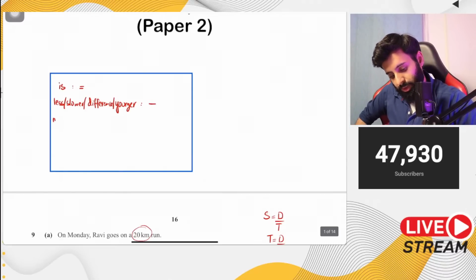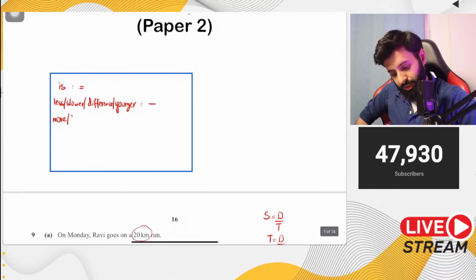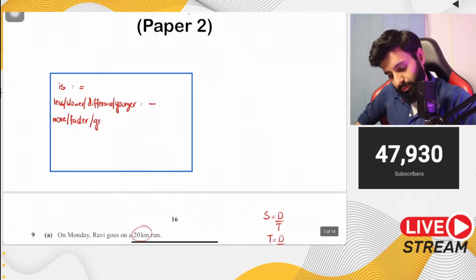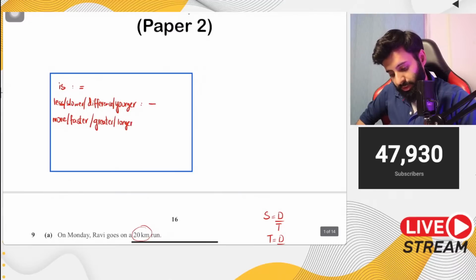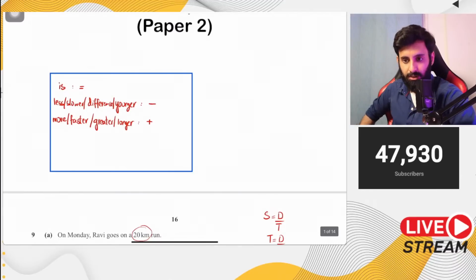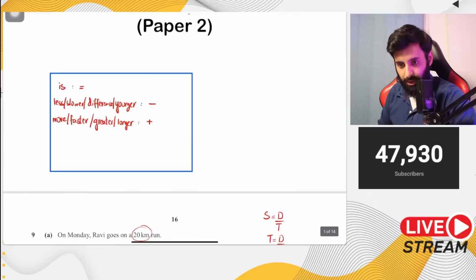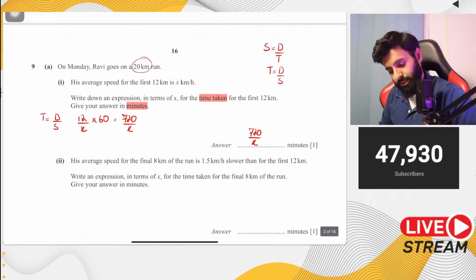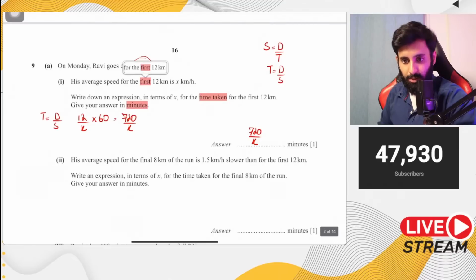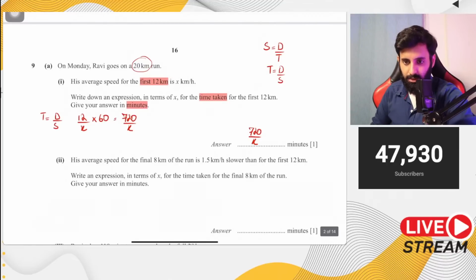The words more, faster, greater, longer, all these words translate into plus. Remember this. Because it says for the first 12 kilometers, that's why.